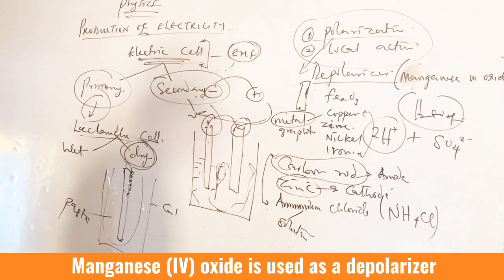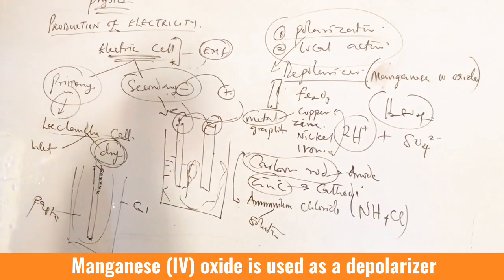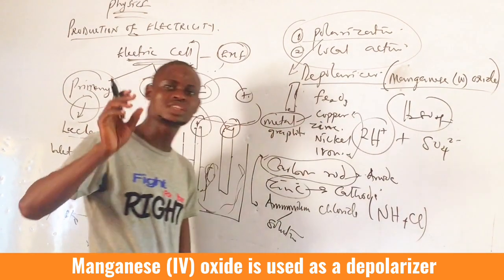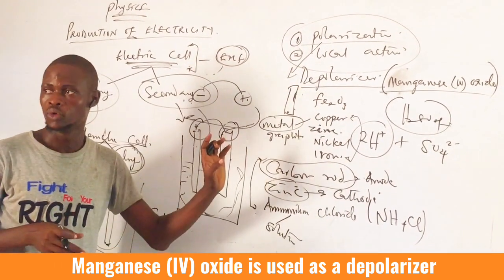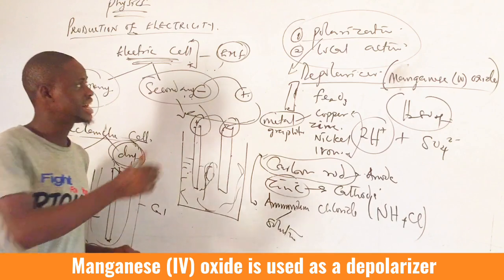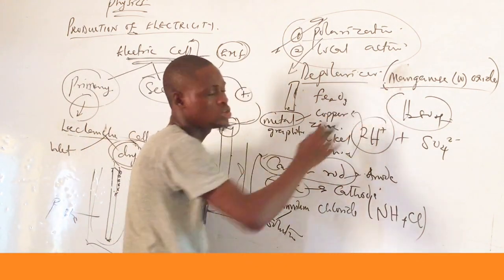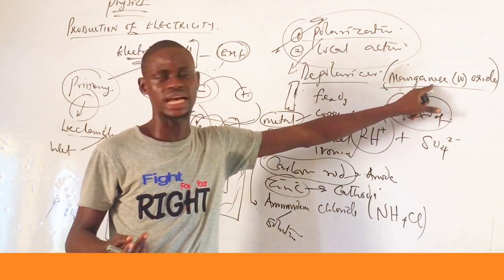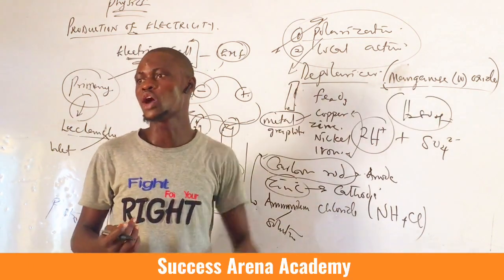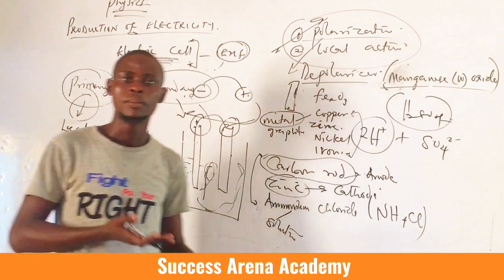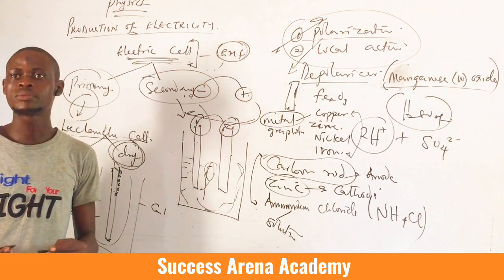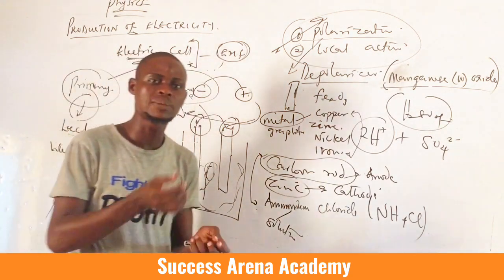We make use of what? Manganese 4 oxide. Now, the function of this depolarizer is to prevent polarization in the cell. Are you getting what I'm saying now? That is the first way. Another way, because you might not see manganese 4 oxide in the options, is another way of preventing polarization. One of the major ways is by brushing the plates.